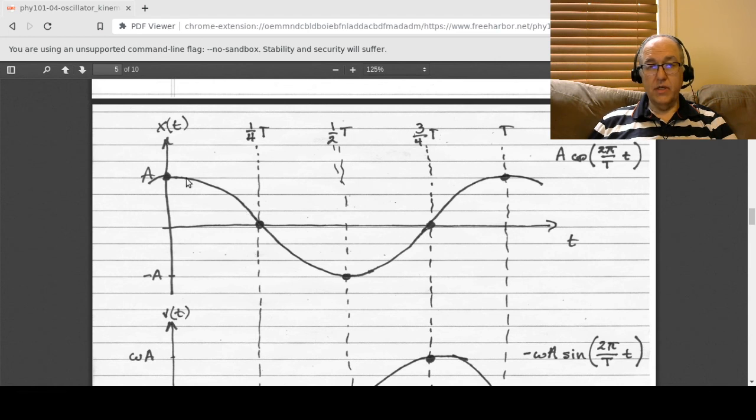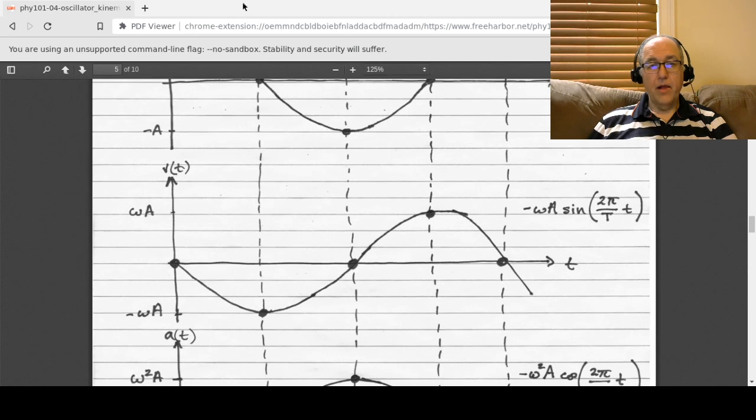Okay, so it starts at 0 and at 1/4 capital T, 1/4 of the period, it goes to its maximum negative value. Right? And so over here, you could see that the velocity starts at 0, and then at 1/4 of the period, it is at its maximum negative value.